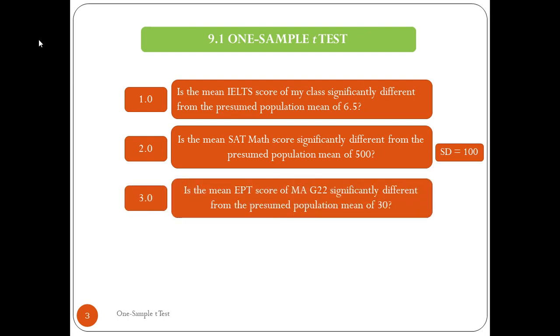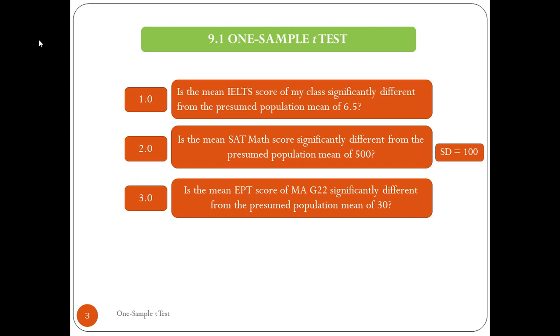And the third and final question: is the mean English proficiency test score of Master of Arts Generation 22 significantly different from the presumed population mean of 30?